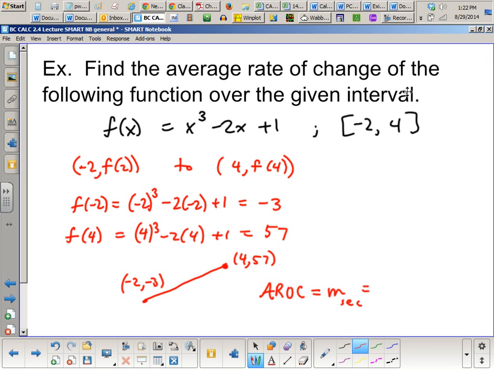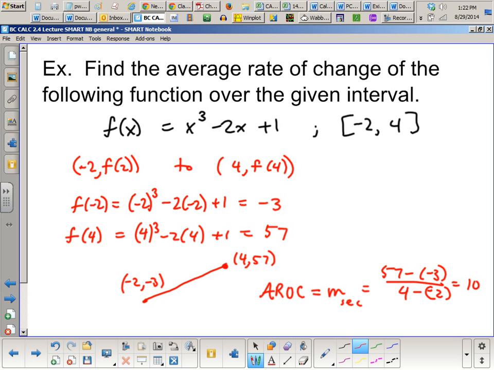Okay? So we're just going to do 57 minus negative 3 over 4 minus negative 2, which gives us 60 over 6, 10. So the slope of that line is exactly 10. But we call it the average rate of change. Okay? Any questions on that?